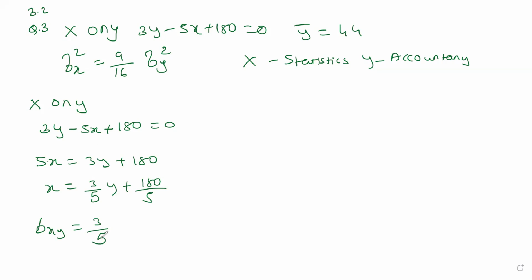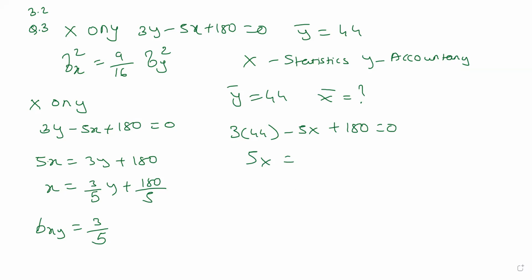Bxy is 3 by 5. Now they have mentioned that bar y is 44 and we want bar x. So I can put bar y into this equation. So 3 into 44 minus 5x plus 180 is equal to 0.